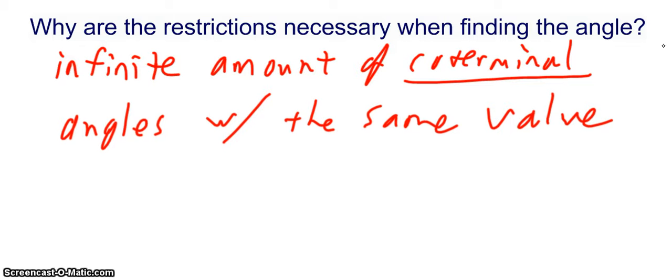So if we didn't restrict the angle, there's actually an infinite amount of answers. Now we're going to learn in a minute it's even more than just the coterminal angles, but for now we should understand that the idea that there's an infinite amount of coterminal angles leads to the fact that there are an infinite amount of possible angles for a given trig function that will give us the same value.